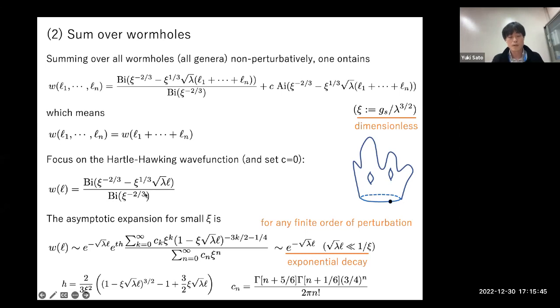Although this is a non-perturbative expression, we can do the asymptotic expansion for the small string coupling constant. And if you do that, you can see the exponential decay. So this happens for any finite order of perturbation. This is a very important point. For any finite order of perturbation, you can see this exponential decay.